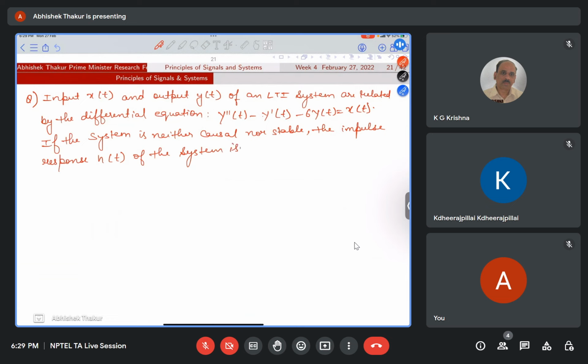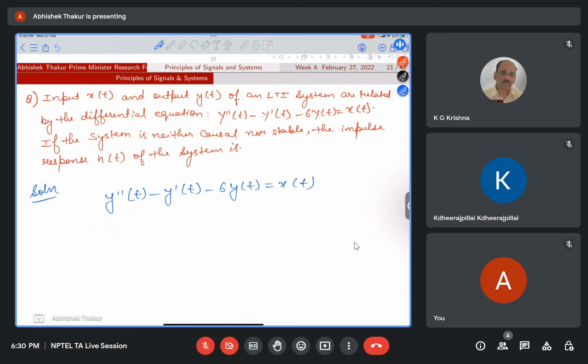There are four options given; no need to write the options, we'll directly find the solution and see what it is. So in this question, input x(t) and output y(t) of an LTI system are related by this differential equation, y double dash t minus y dash t minus 6y(t) equal to x(t).